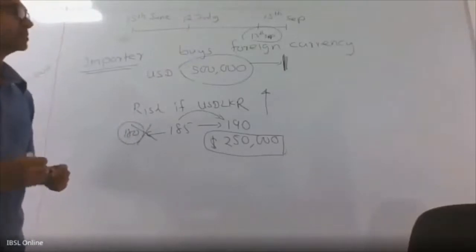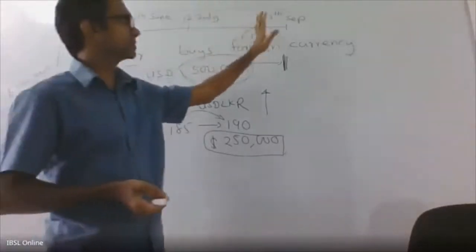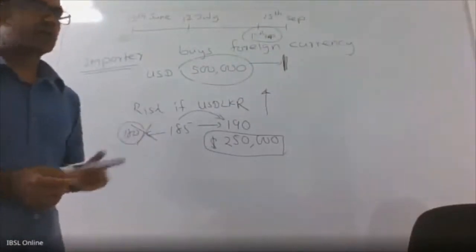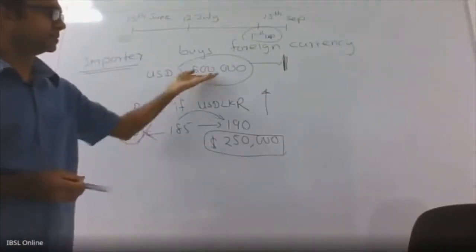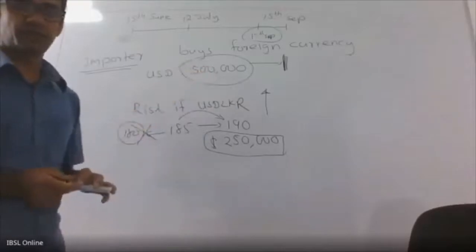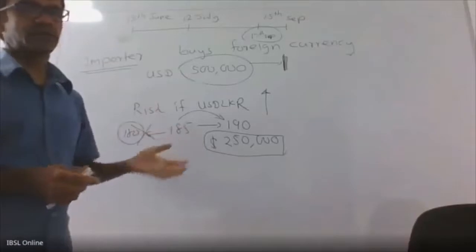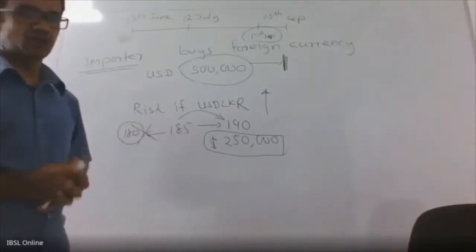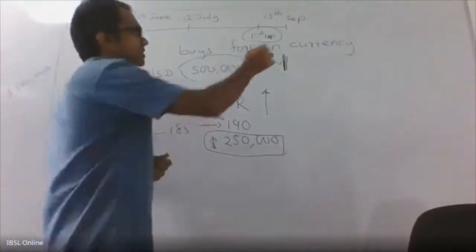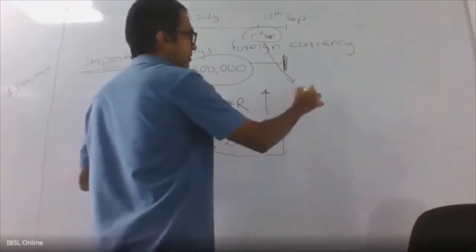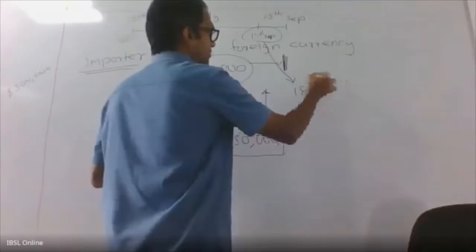What he can do is wait until 13th September and go to a bank and say, I have a $500,000 worth of payment, so make a quote. Then he will buy dollars based on the exchange rate prevailing on that date, maybe 186.50 or something.